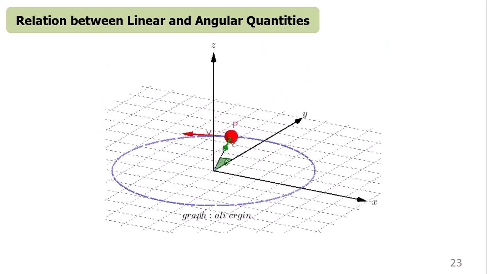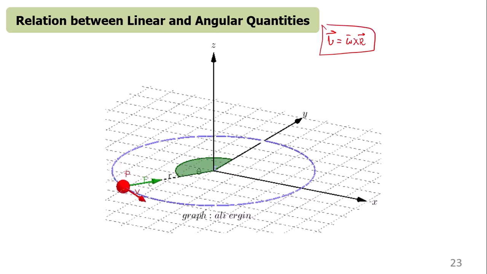Let us say in this situation, we know that v vector equals omega vector cross r vector. At this instant, the particle is moving in this direction, so this is the direction of the v vector. Now what is omega here?